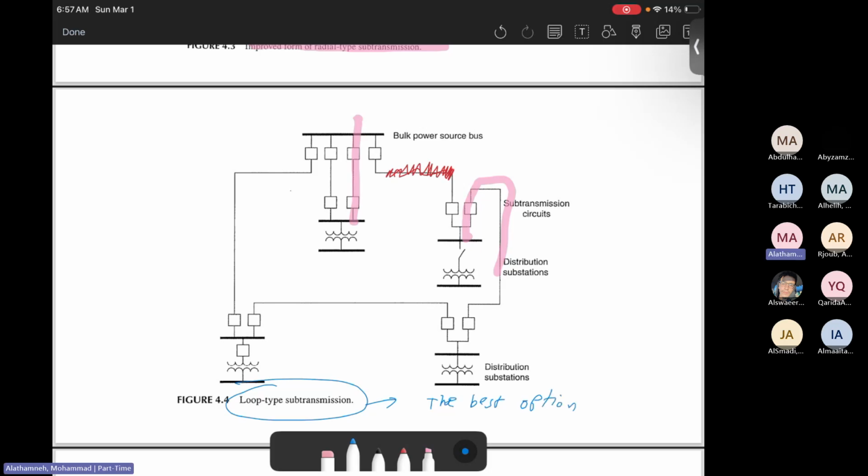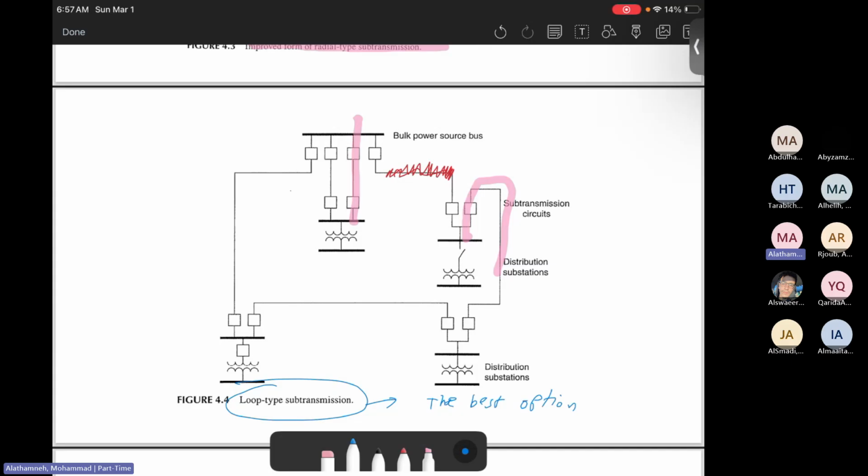Since it's the best option, why in the existing power system, for example in Jordan, do we have both loop and radial? Why don't we have just loop, since the loop is the best? The answer depends on the costs. Because loop sub-transmission is very costly, it will cost a lot of money.